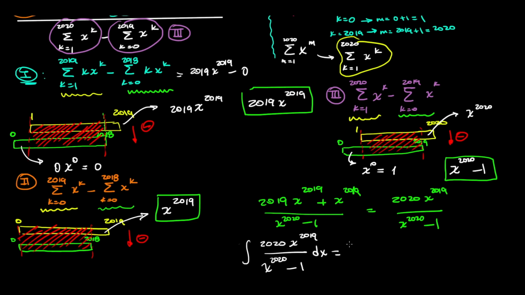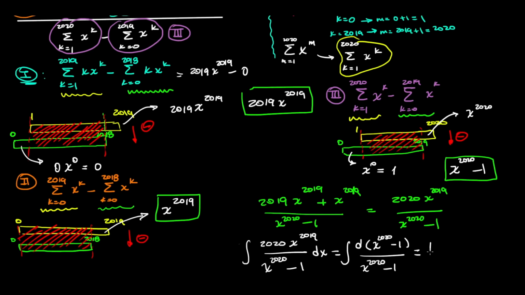Okay, perfect. As you can see, if we take the derivative of the bottom part, we get 2020 x to the 2019. So basically the derivative of the bottom is on the top, so this would be the same as writing the integral of the derivative of x to the 2020 minus 1 over x to the 2020 minus 1.